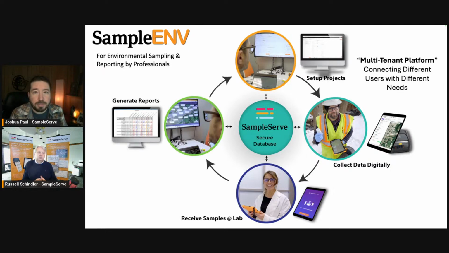We have a very comprehensive report generation tool where users can go in and, with the click of a couple buttons, produce all kinds of isochemical contour maps and box maps and all kinds of tables. And you really can export data to other platforms if you want to as well. So it's really easy.